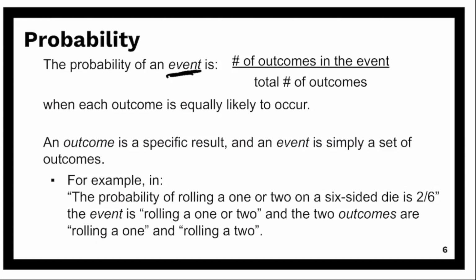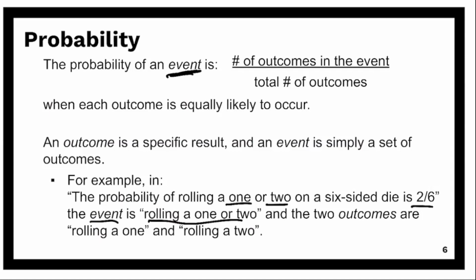So if we're looking at the probability of rolling a 1 or a 2 on a six-sided die, that probability is 2 out of 6, or if we simplify, 1/3. The event in this case, so what we're predicting, what our success would be, is rolling either a 1 or a 2.